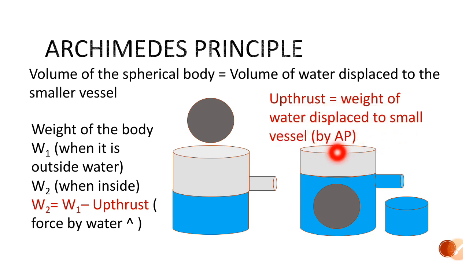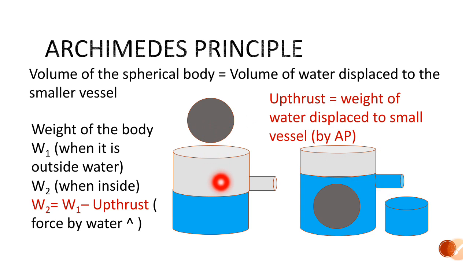The water displaced is equal in volume to the volume of this spherical object, and the weight of this water is equal to the upthrust applied on the body by the water.